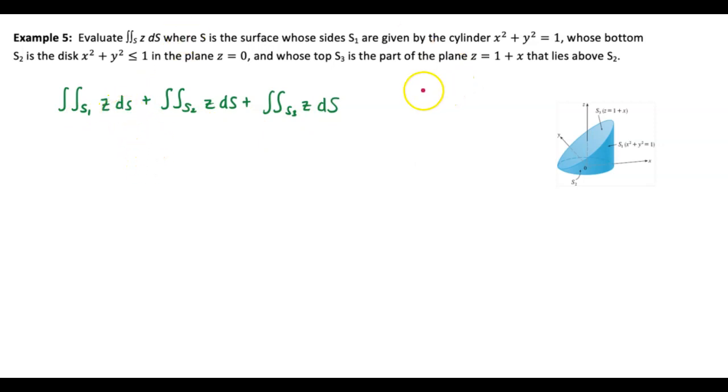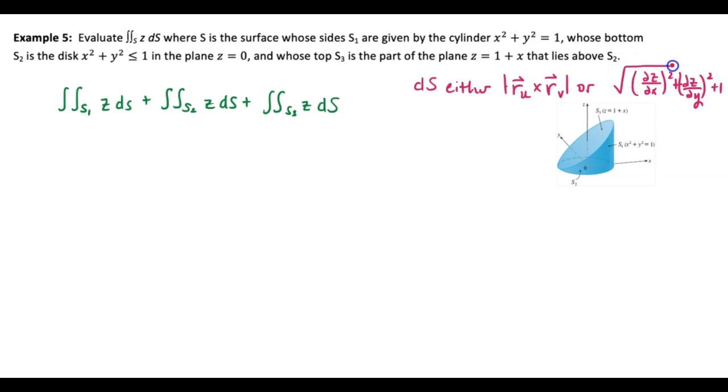So dS is either the magnitude of the partial derivative of r with respect to u cross the partial derivative with respect to v, or in a special case, it's the square root of the partial of z with respect to x squared plus the partial of z with respect to y squared plus 1.